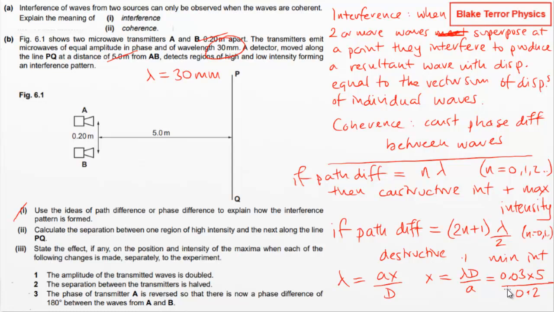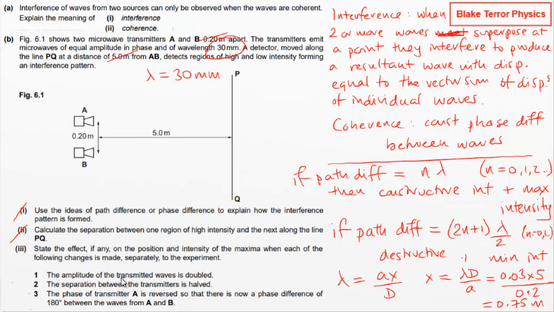So that's 0.3 over 0.2, so that's 1.5 divided by 10... no, yes, 1.5 times a half is 0.75. Yes, that's right. Right, so that was a nice little calculation.